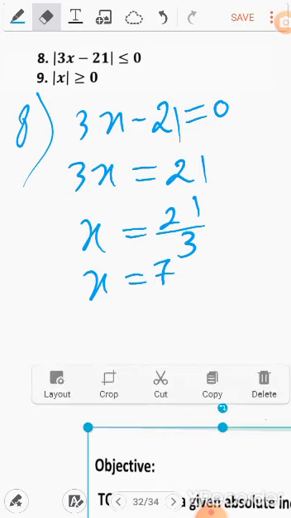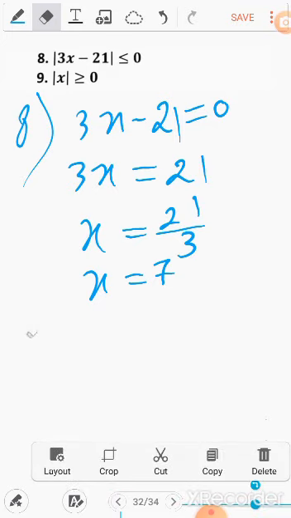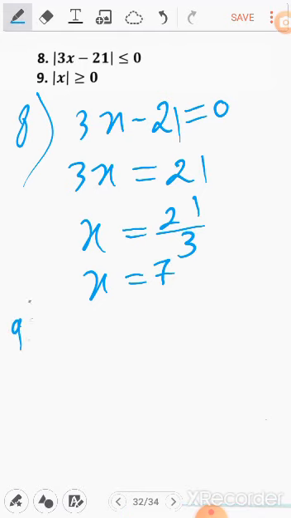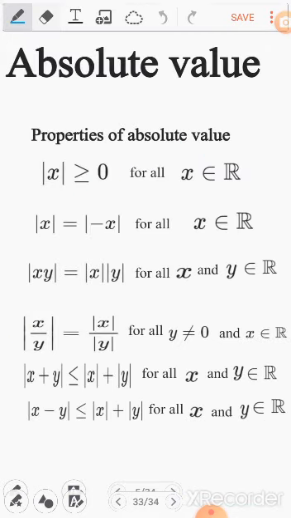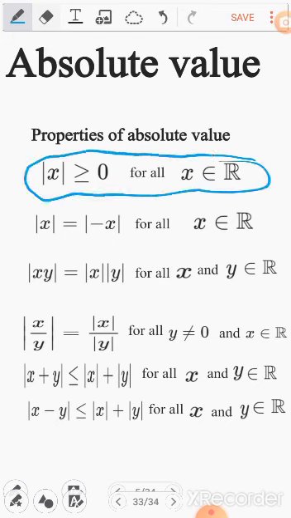Now what about part 9? How can we solve part 9? Absolute x is greater than or equal to 0. This is a property. Look here at this property. We took this page when we studied the properties of absolute value. Absolute x is greater than or equal to 0 for all x in R. We are looking for the values of x such that absolute x is greater than or equal to 0.